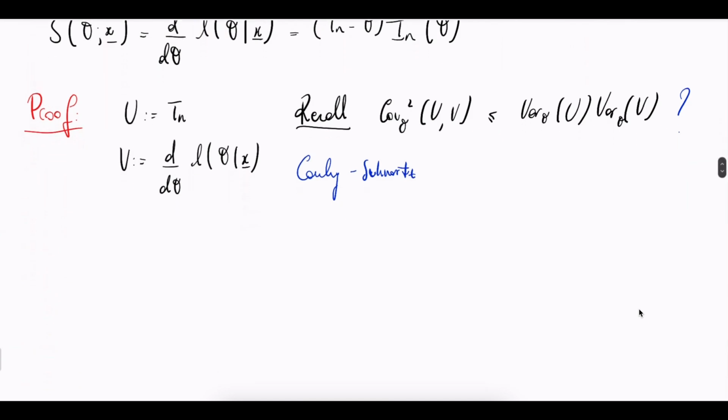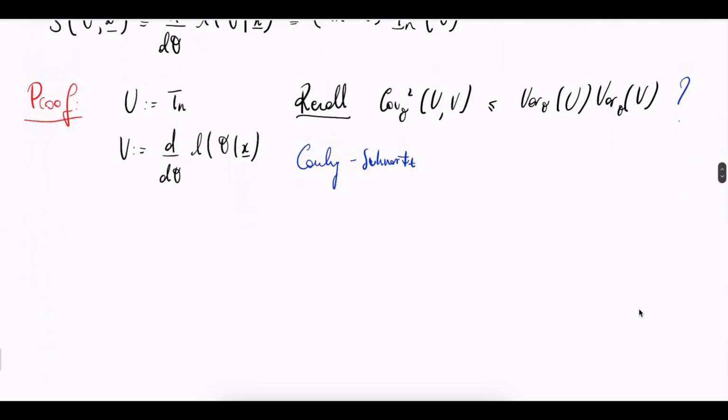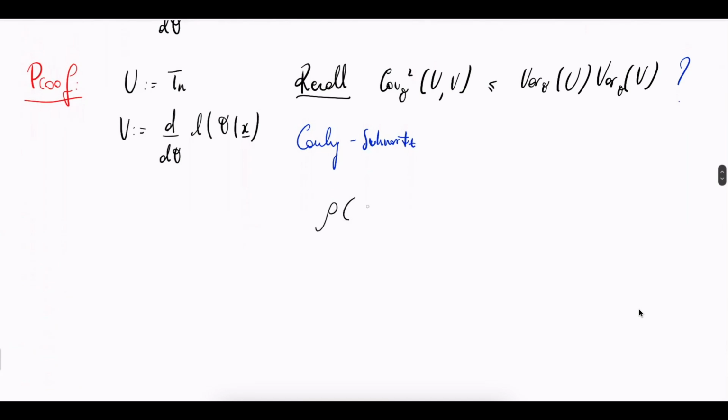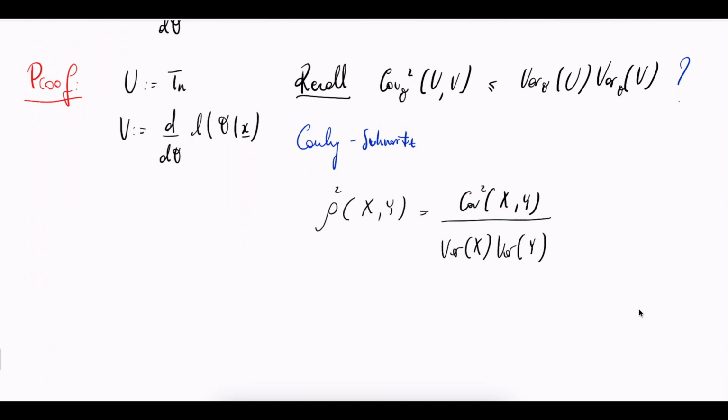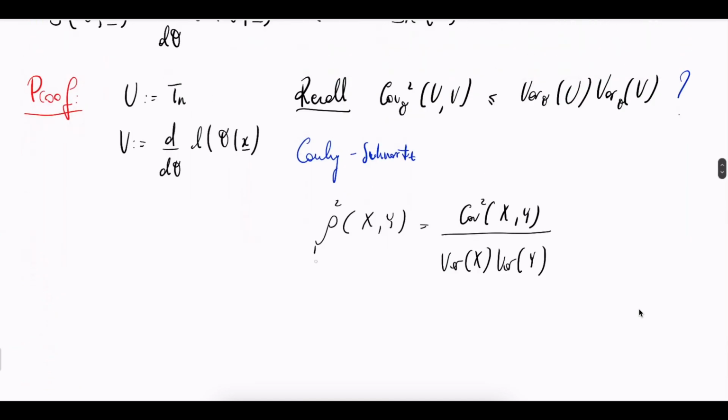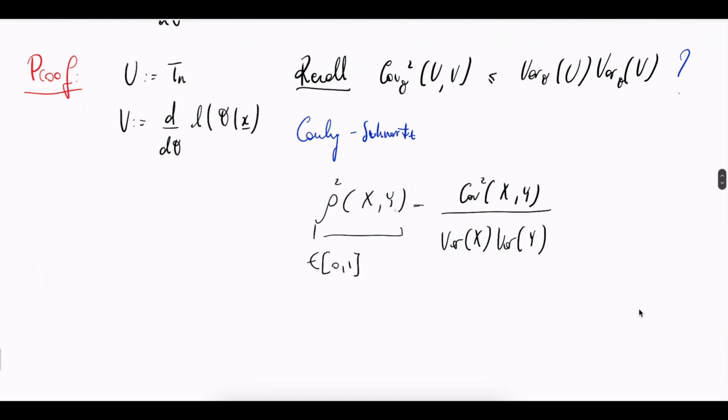It's very simple to see, if we remind ourselves of the correlation coefficient, which is defined as the covariance over the product of the standard deviations. If we take the square, we can write this as the product of the variances. And this is defined between 0 and 1. From this, it's very simple to see that this inequality holds.